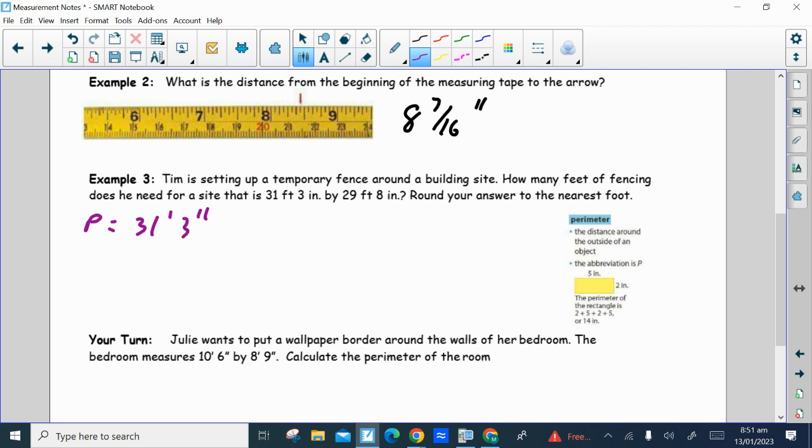Notice that one little tick mark after the 31 represents feet. 2 little tick marks after the 3 represents inches. So we have dimensions of 31 feet 3 inches and 29 feet 8 inches. But because we want the perimeter, the distance around, there'll be 2 of each of these dimensions.